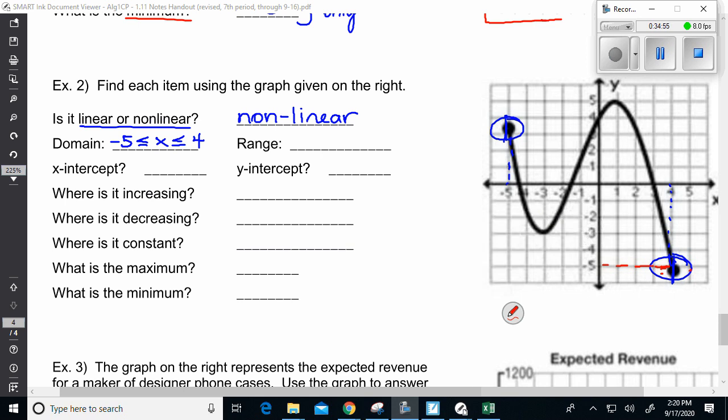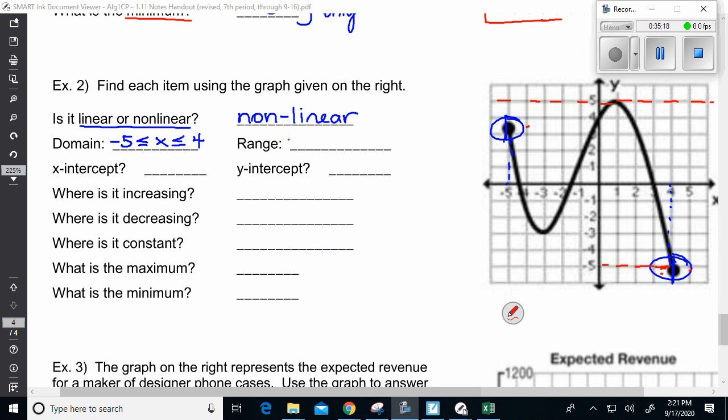What's the highest part of this graph? Don't forget that there's a part of the graph right there that's positive 5.